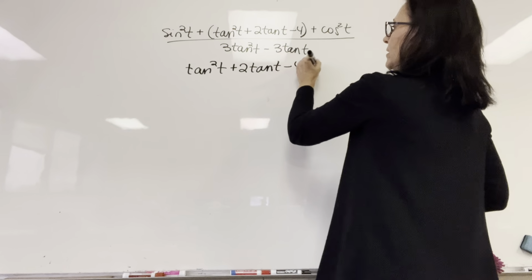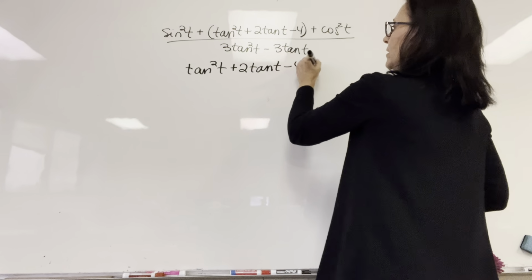All right, Nathaniel, what can we do in the numerator? Everything's in tan. Couldn't you do like the quadratic formula or something? Well, it's not equal to anything. Oh yeah, so I'm not using the quadratic formula because it's not equal to anything. So you've got to factor.